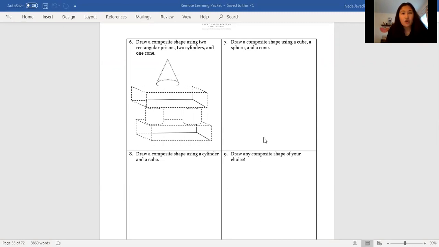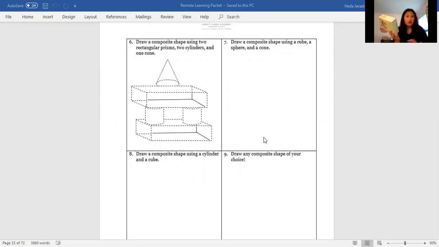Draw a composite shape using 2 rectangular prisms, 2 cylinders, and 1 cone. So what your job is to do now is to draw a composite shape using the types of 3D shapes that the problem tells you. So in number 6, it told us to use 2 rectangular prisms.